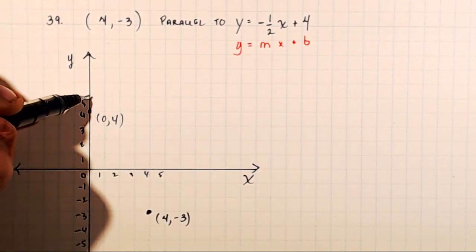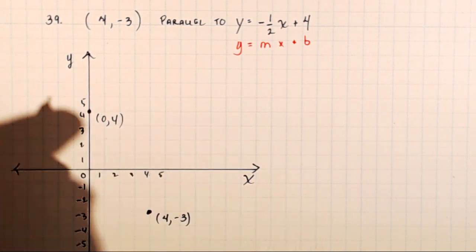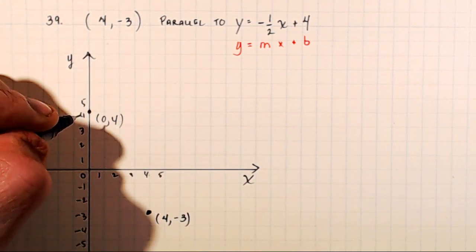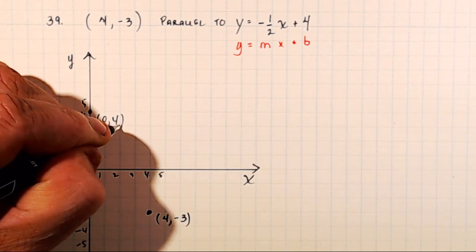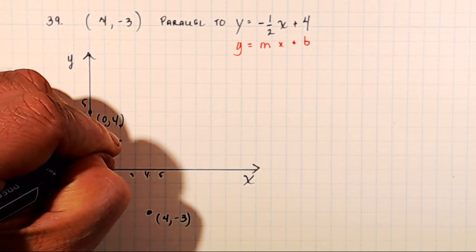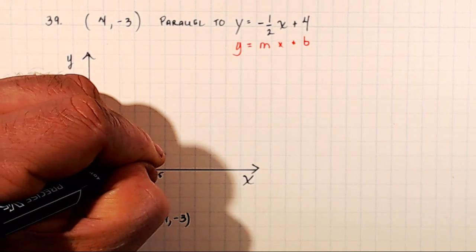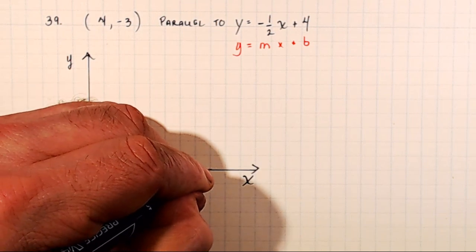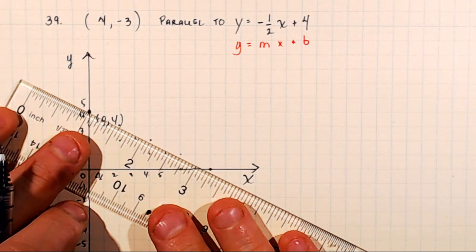And what that means is go down 1, to the right 2. Conversely, you could go up 1 and to the left 2. But we'll do it down 1 to the right 2. Rise over run. Down 1, right 2. Okay, so now we can draw our line.